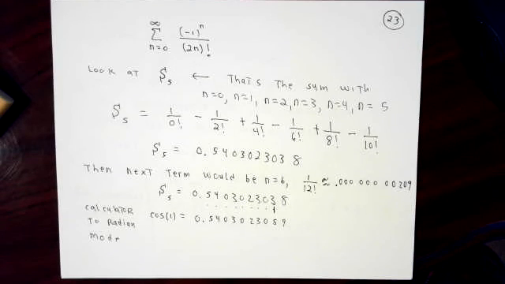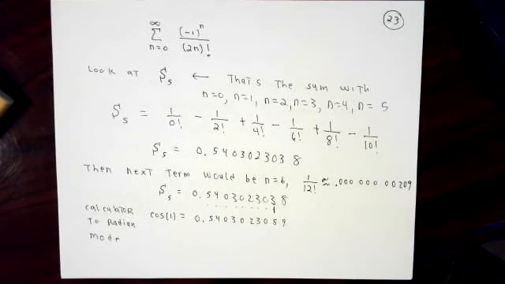I want to look at another one of these. I want to look at the sum n equals 0 to infinity, -1 to the n power over 2n factorial. 2 times 0 is 0, 0 factorial is 1, -1 to the 0 power is 1.